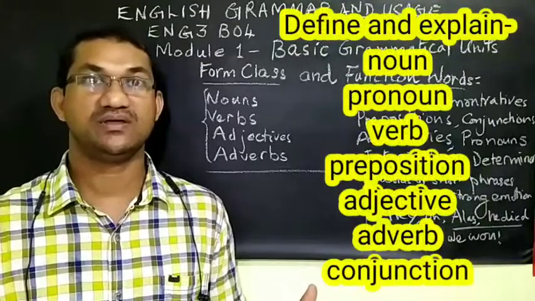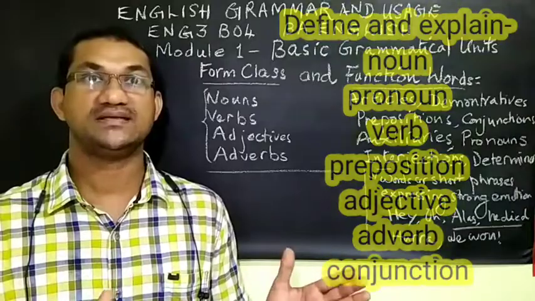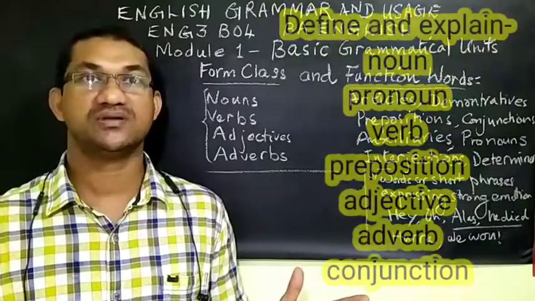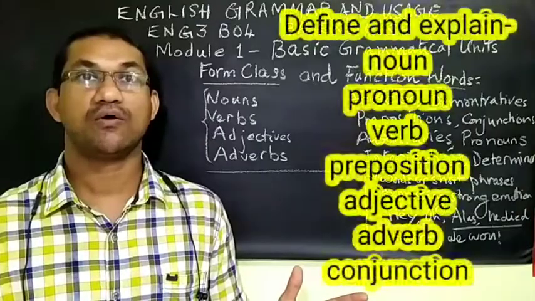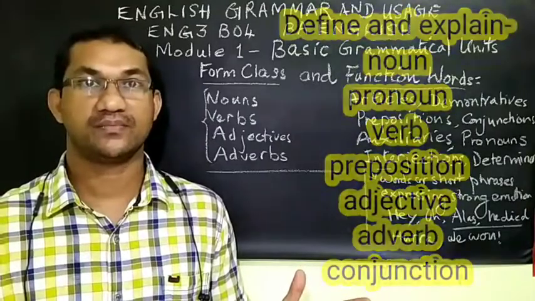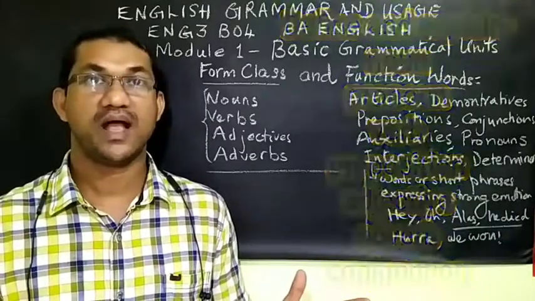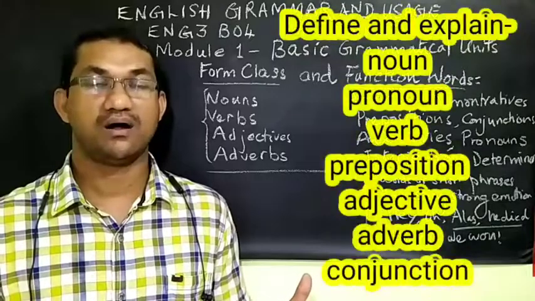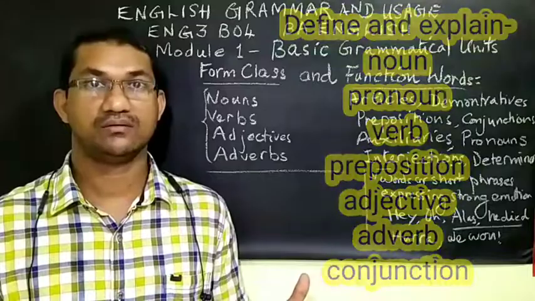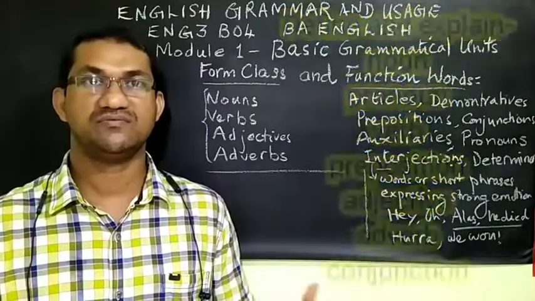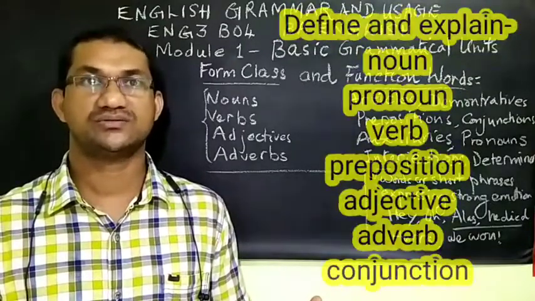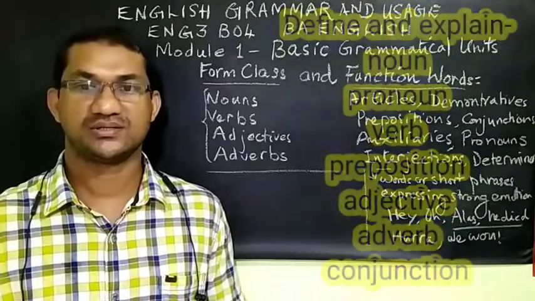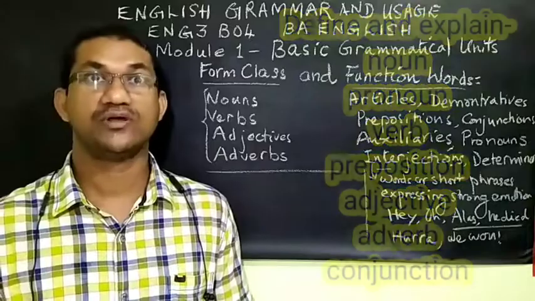We will give the answer like: a noun is a word which is a name for a person, place, thing or an idea. Example: animal, Alex, car, tree. That will be enough.